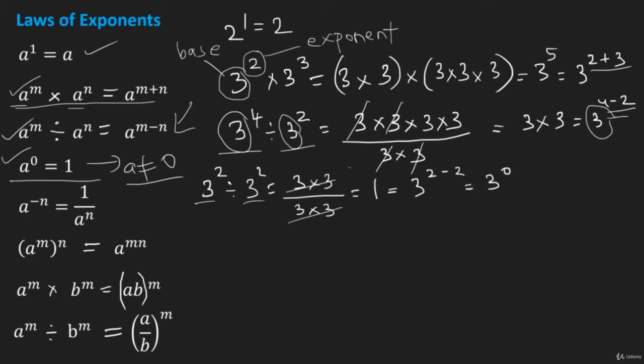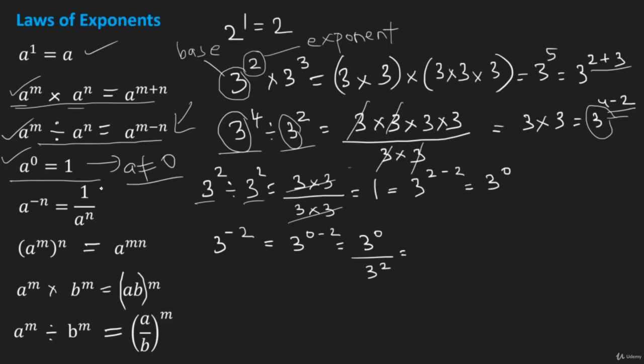Let's move on. Say you want to find 3 to the power minus 2. Now I can write minus 2 as 0 minus 2, right? 0 minus 2 is equal to minus 2. When I want to do 3 to the power 0 minus 2, based on this law that we learned over here, I can write this as 3 to the power 0 divided by 3 to the power 2, right?